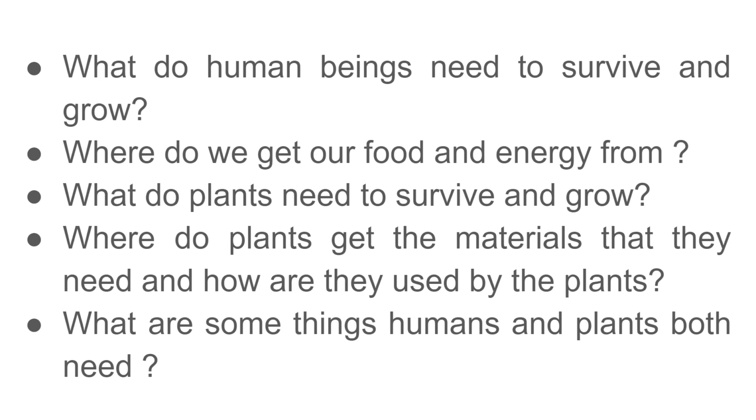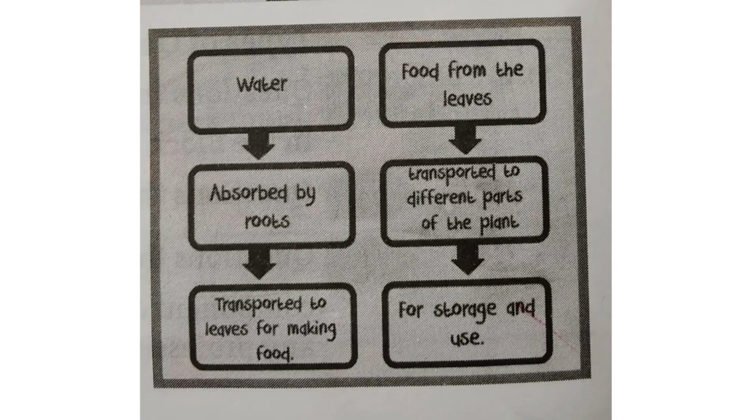And what are some things humans and plants both need? Humans and plants both need oxygen, food, water and sunlight to survive, right? So here you can see water is absorbed by the roots of the plant and transported to leaves for making food, because water is necessary.